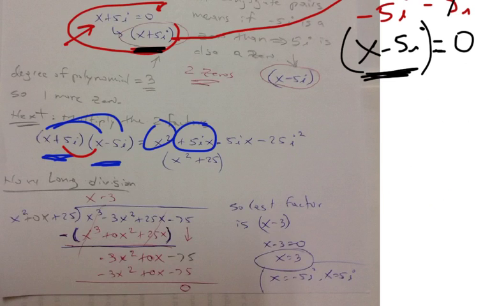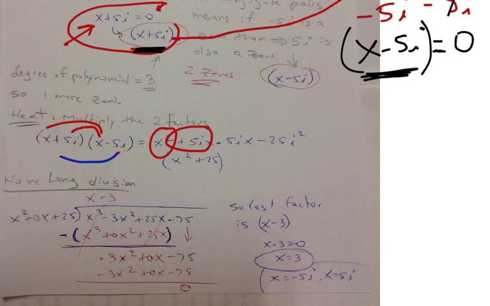Oh, I'm sorry, I made a mistake right there. So I did x times x, which is x squared, and then I did 5i times x, which is going to give me positive 5ix, and then I used the negative here. Negative 5i times x is negative 5ix, and negative 5i times positive 5i is negative 25i squared.